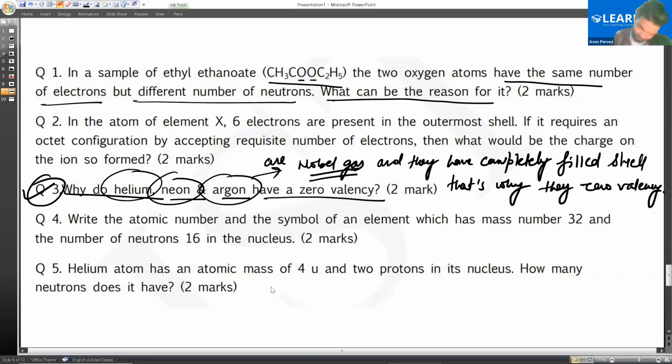It's okay. Question number 4: the atomic number and the symbol of an element which has mass 32 and the number of neutrons in the nucleus is 16.